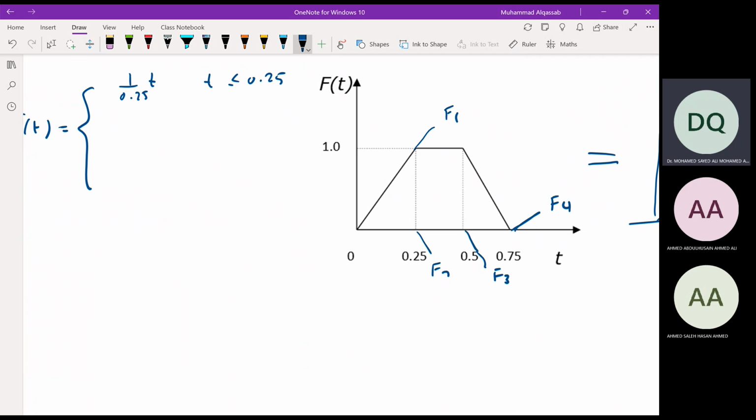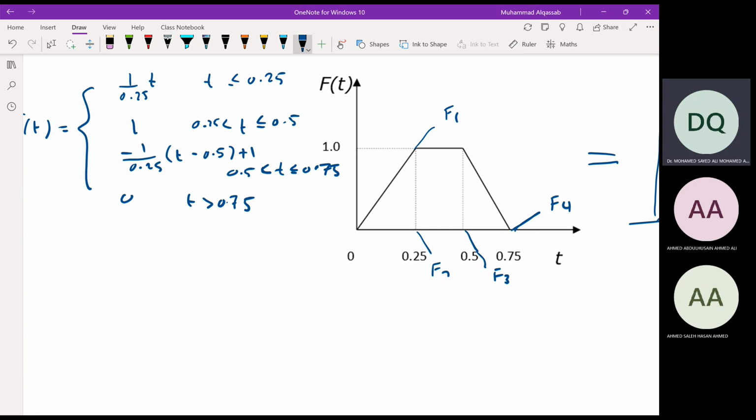Then it is 1 for t greater than 0.25 and less than or equal to 0.5. In the third interval we get the slope, which is minus 1 over 0.25 times (t minus 0.5), plus 1, valid for t greater than 0.5 and less than or equal to 0.75. And then 0 for t greater than 0.75.